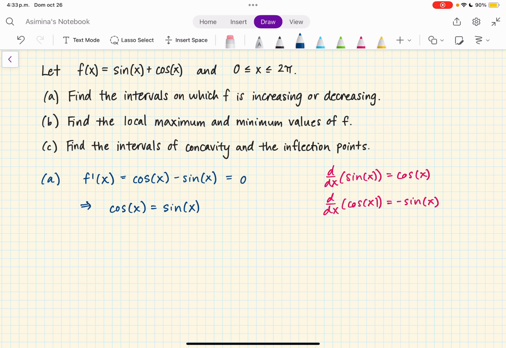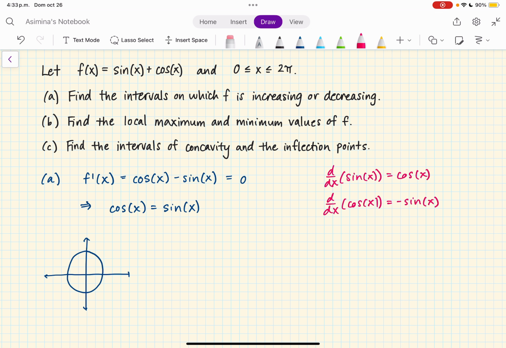Now, how do I know which values of x satisfy this? Well, what I like to do is draw the unit circle. Okay, so when on this circle does cosine of x equal sine of x?